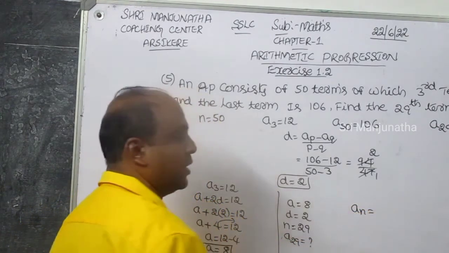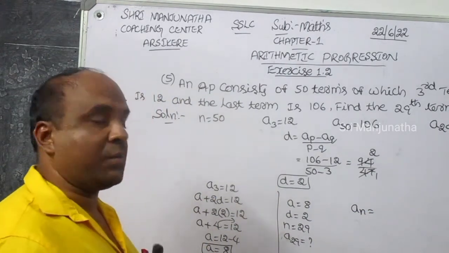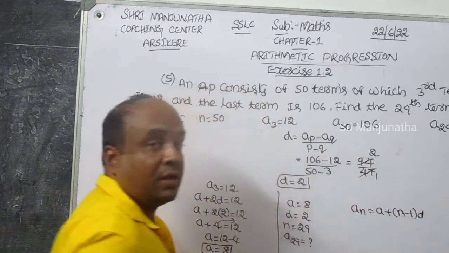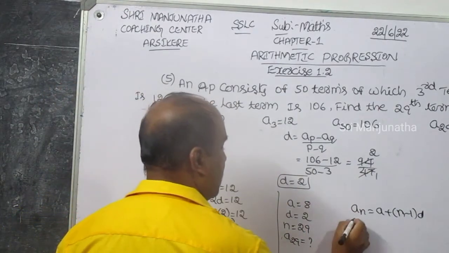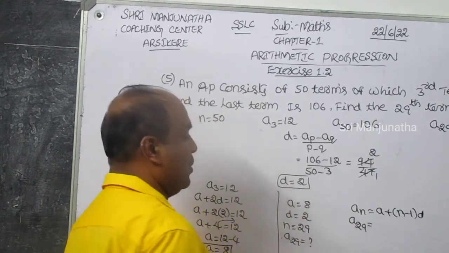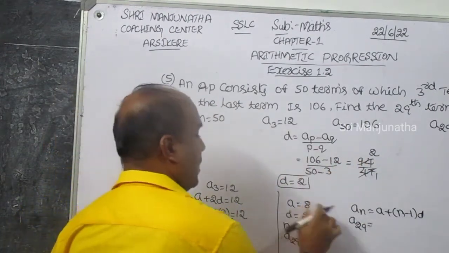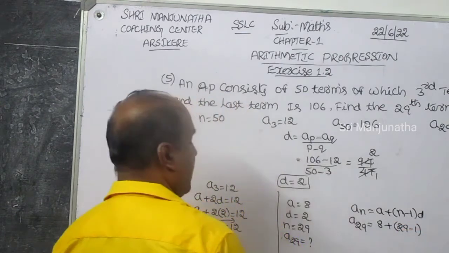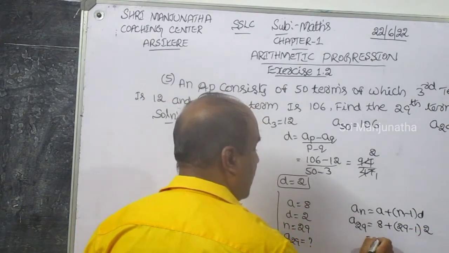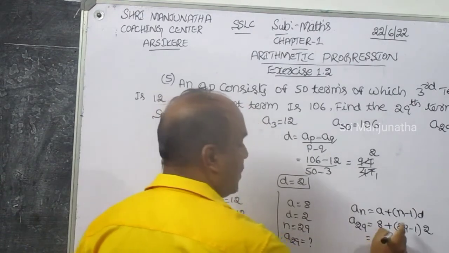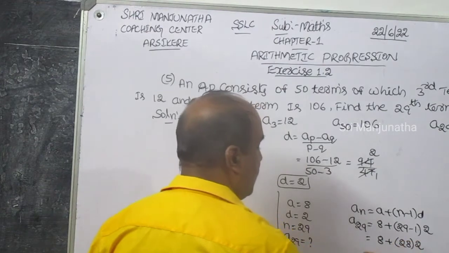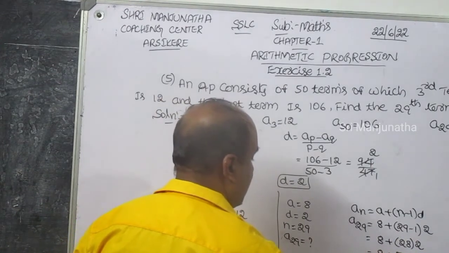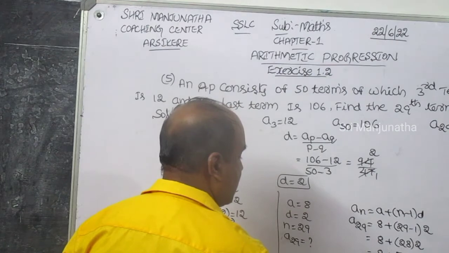You have to know the formula to find the nth term of an AP: A plus (n minus 1) into D. Substituting these values, A29 equals 8 plus (29 minus 1) into 2, which is 8 plus 28 into 2. 28 twos are 56, and adding this, A29 is equal to 64.